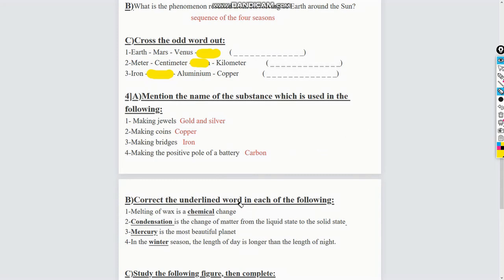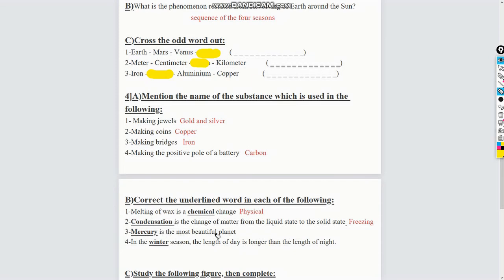Correct the underlined word in each of the following. Melting of wax is a chemical change. That is wrong. Melting of wax is a physical change. Condensation is the change of matter from the liquid state to the solid state. No. Freezing is the change of matter from liquid state to solid state, but condensation is the change of matter from, yes, from gaseous state to liquid state.